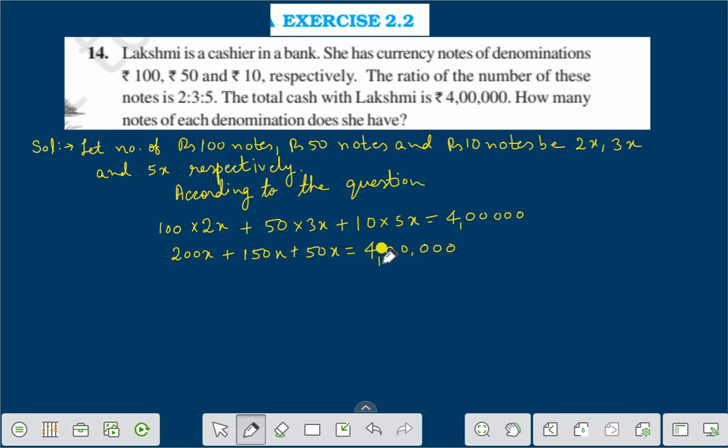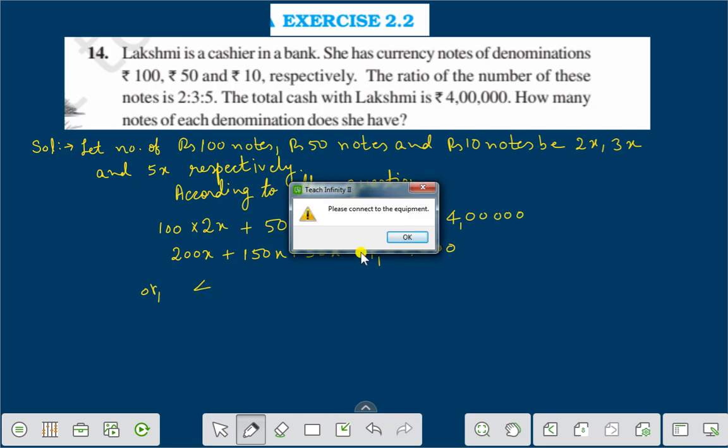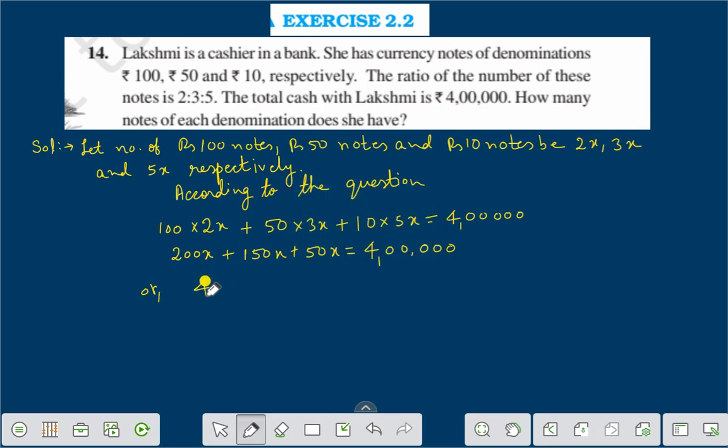If we add all the numbers, we are getting 200 plus 150 is 350, then 400, that is 400x equal to 400000.